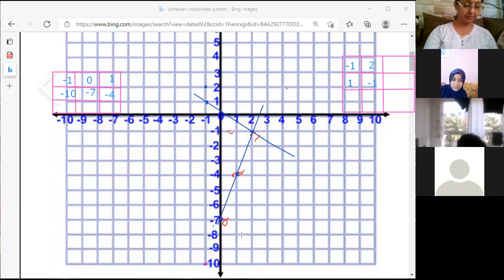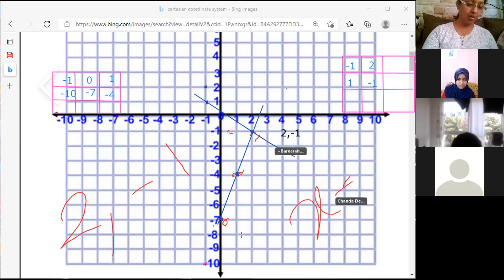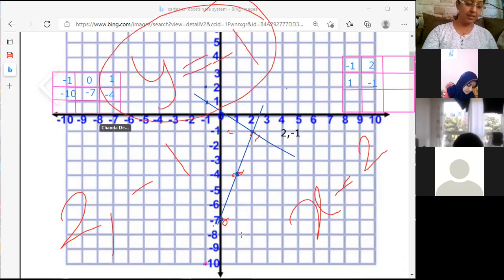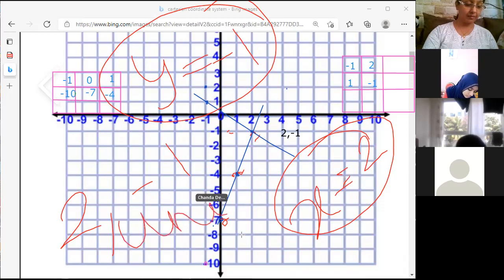It is 2, -1. That means what do we get? 2, -1. That means our x is going to be 2 and our y is going to be -1. Do we have a unique solution? Yes or no? Yes, ma'am. So we will write our solution is unique.